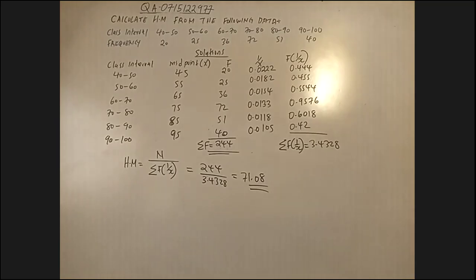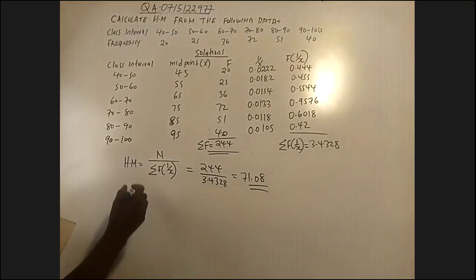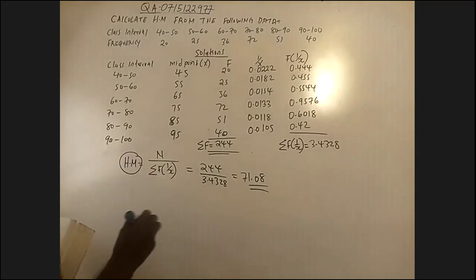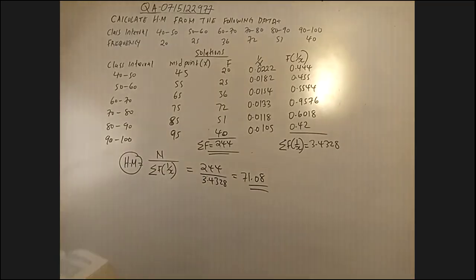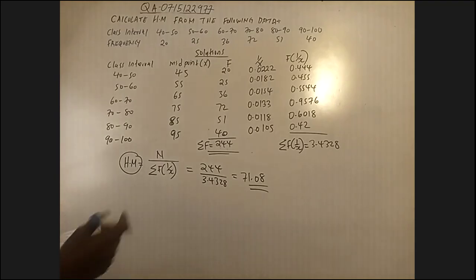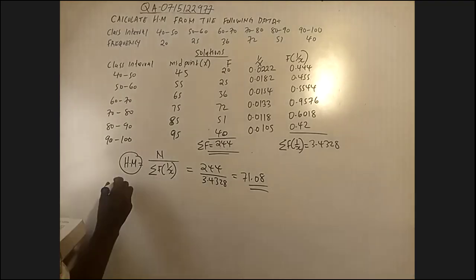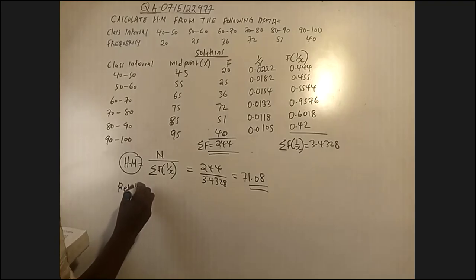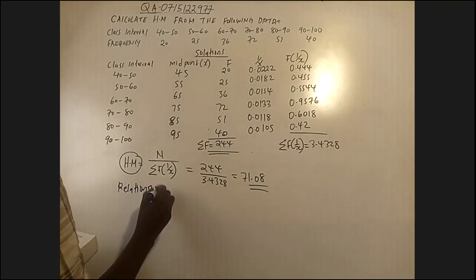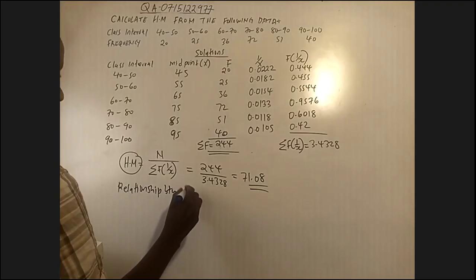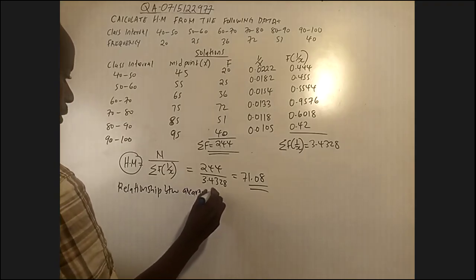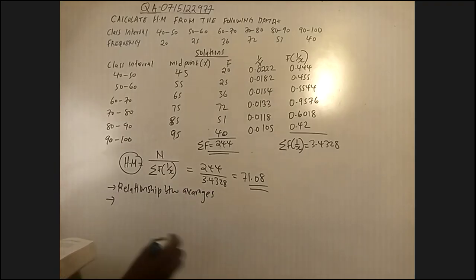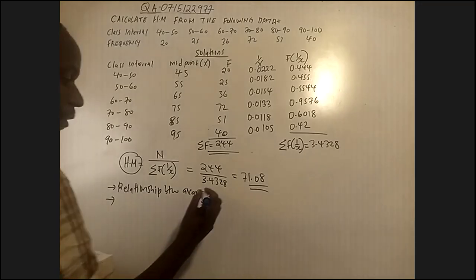Now I will share with you some notes from the group. Those notes are the advantages and disadvantages of harmonic mean, the advantages and disadvantages of geometric mean, and also the notes concerning the relationship between averages. Remember what we have been discussing are averages.